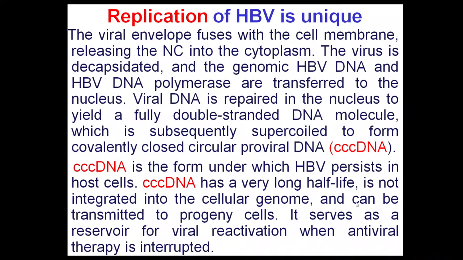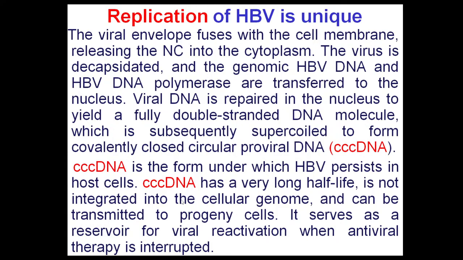Usually this cccDNA is the form under which hepatitis B virus persists in the host cell. And in this form, in the form of supercoiled, covalently closed circular DNA molecules, it is not reachable by the factors of immunity.